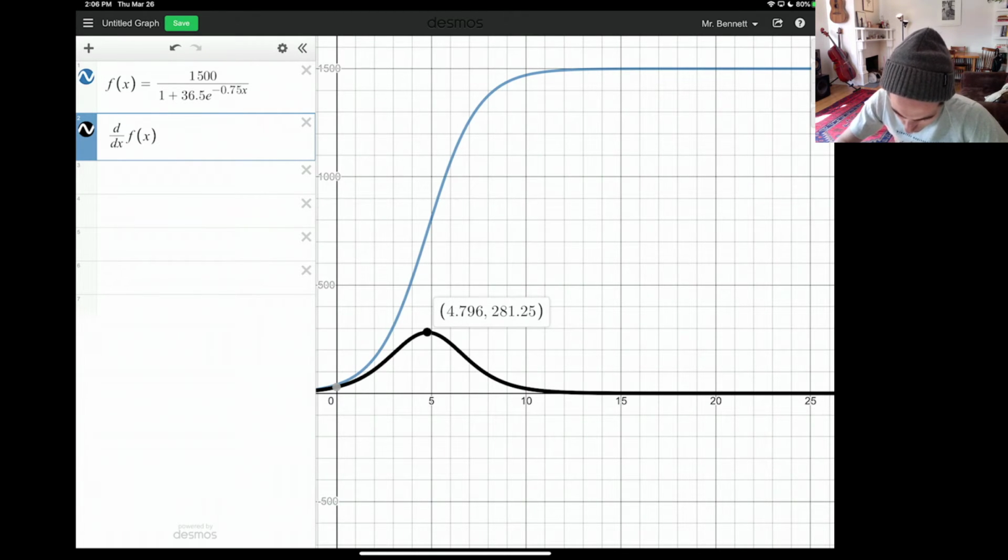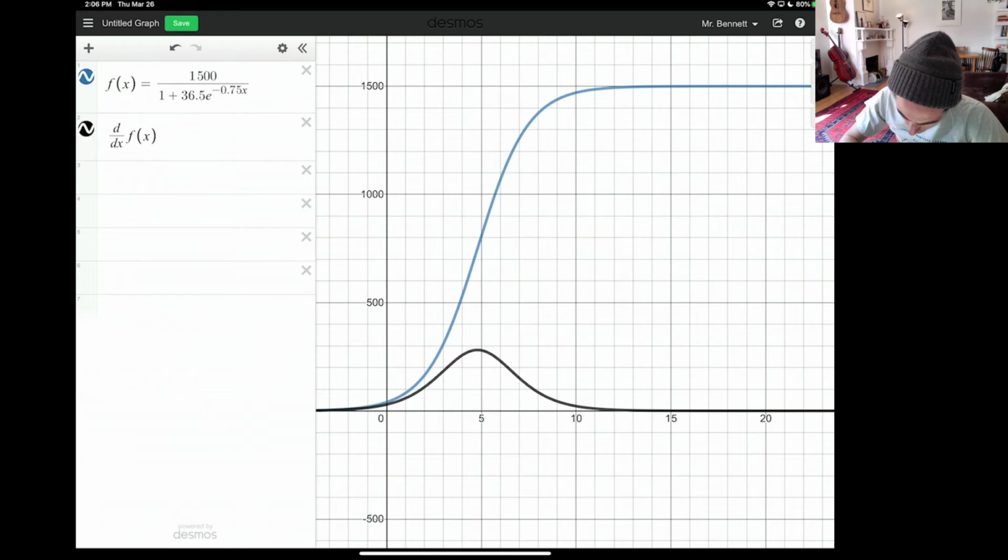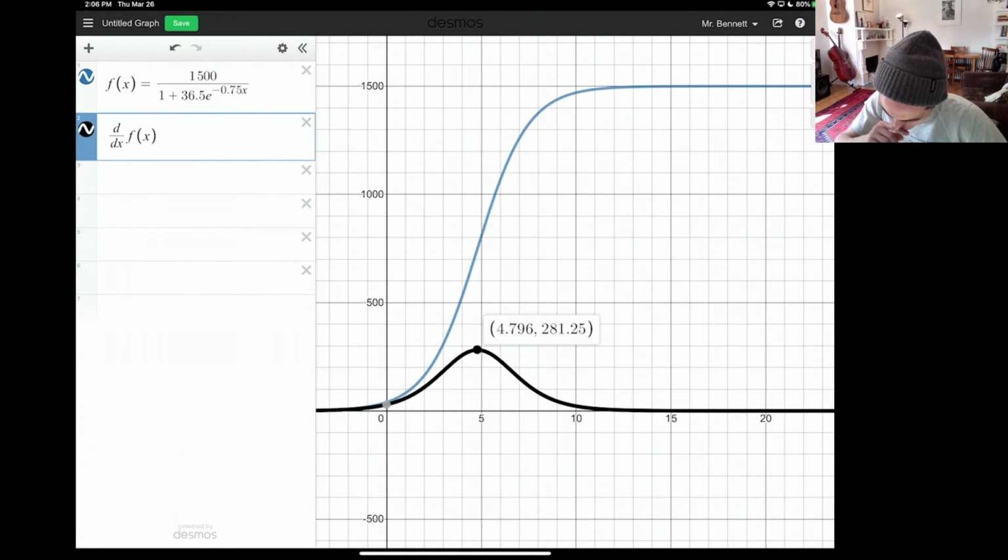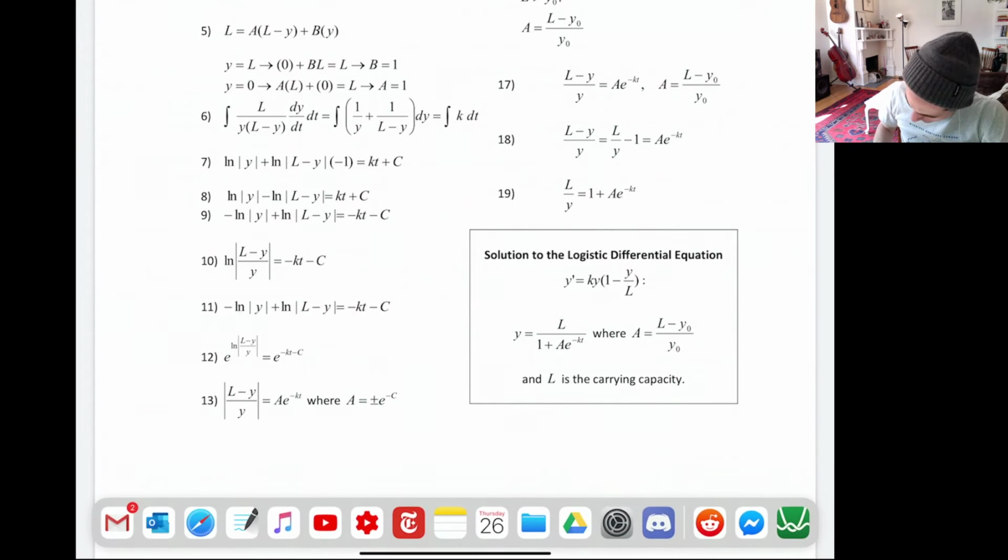Well, I should learn how to use Desmos a little bit better. You can see exactly where it is. It's right around where x is equal to 5, so it's right around 4.796. So yeah, hopefully that didn't hurt your brain too much.